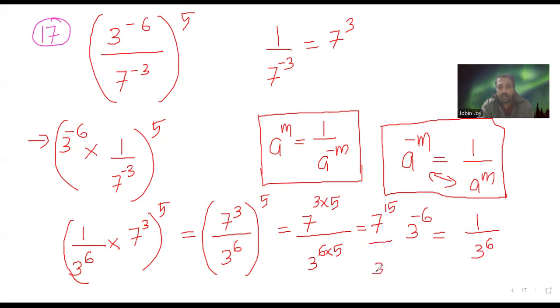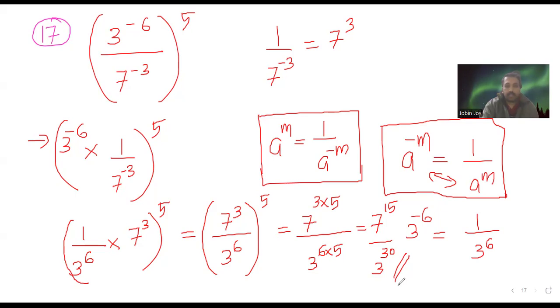Divided by 3 raised to 6 into 5, 30. So the answer is 7 raised to 15 divided by 3 raised to 30. That is the answer.